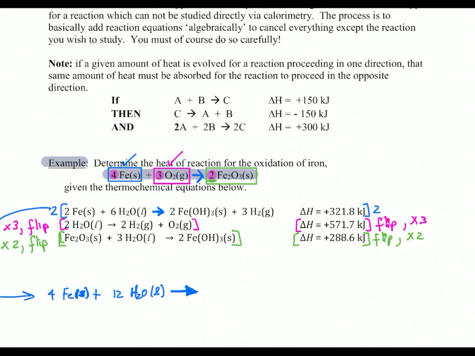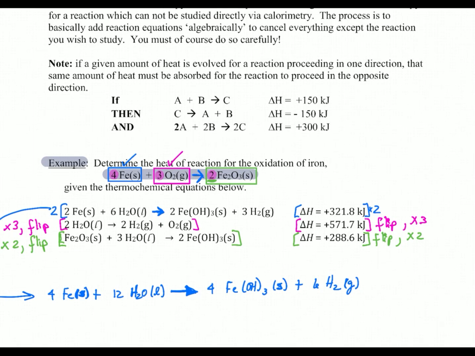All right, keep going. On the product side, instead of 2 moles of iron 3 hydroxide, we're going to have 4 moles of iron 3 hydroxide solid. And we're going to now have, instead of 3, 6 moles of H2 gas. Okay, and as far as the delta H goes, we're supposed to multiply it through by 2.